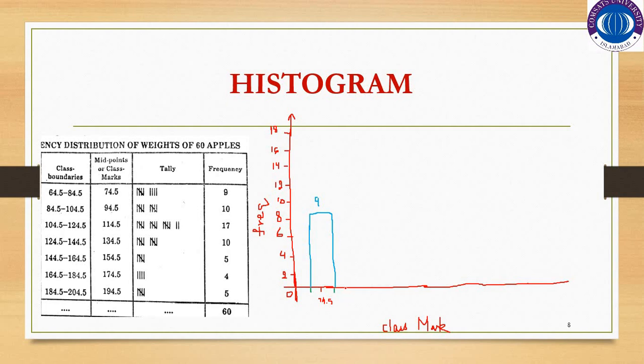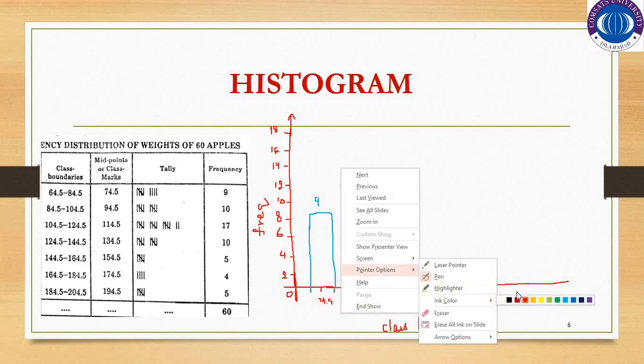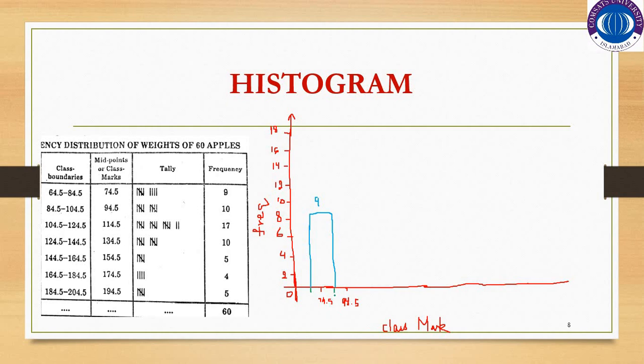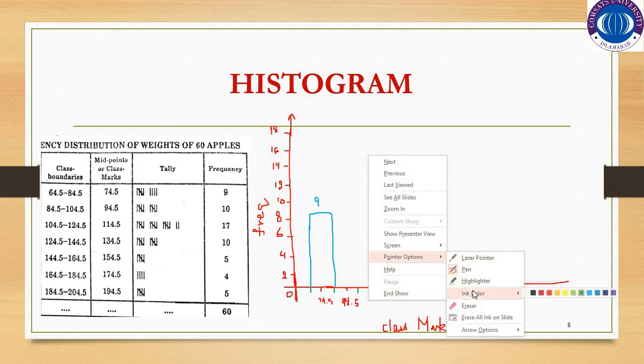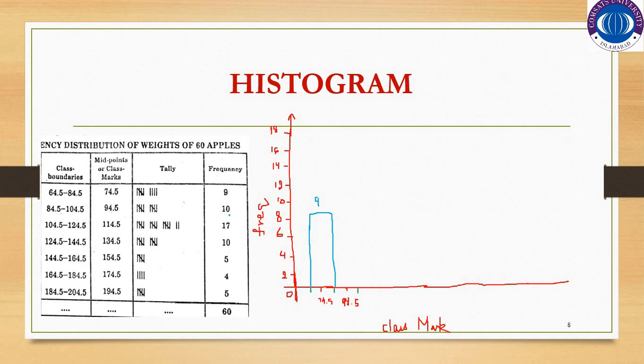The lower class boundary would be 84.5, and the upper class boundary would be 104.5, in green color, and we will represent the rectangle with blue color, and the frequency is 10.